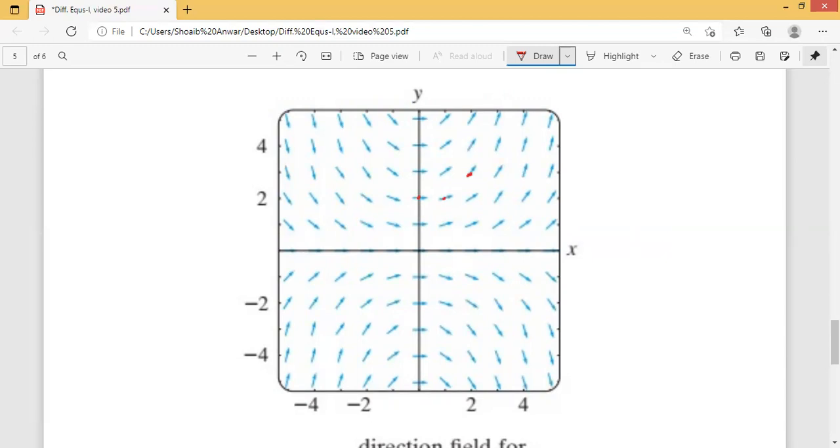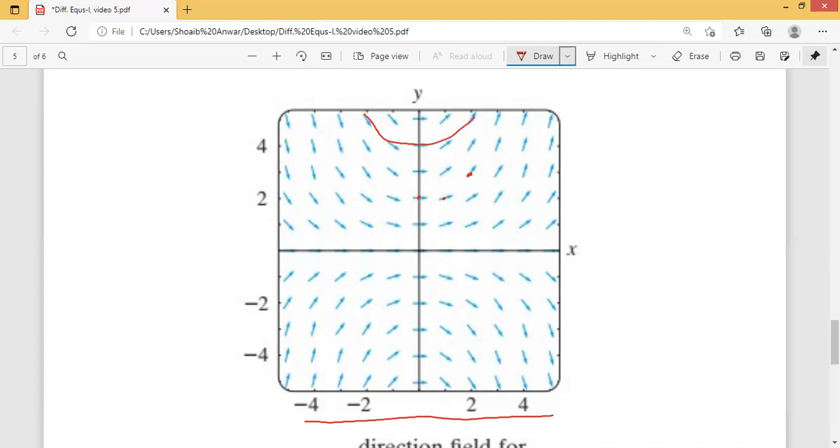Similarly, you can draw a line at every point in that rectangular region that varies from -4 to 4. And in the rectangular region, with the help of these slope lines at each point, you can see that your solution will look like this.